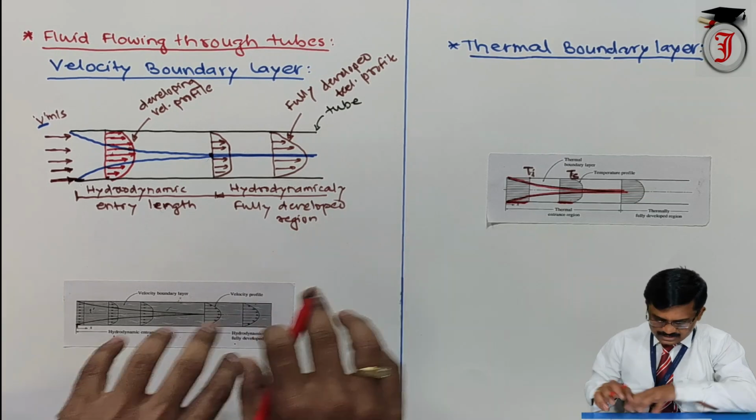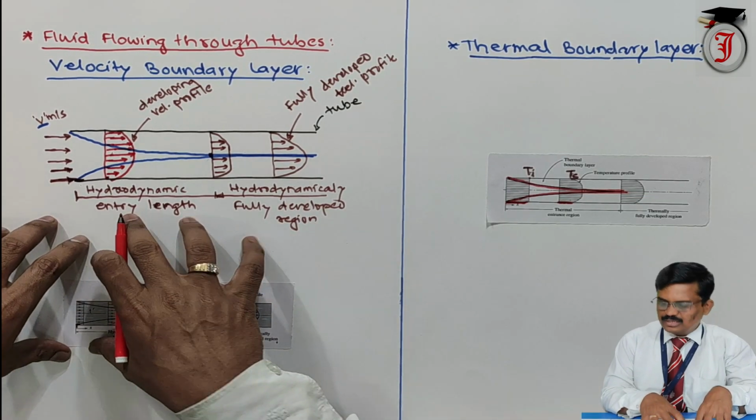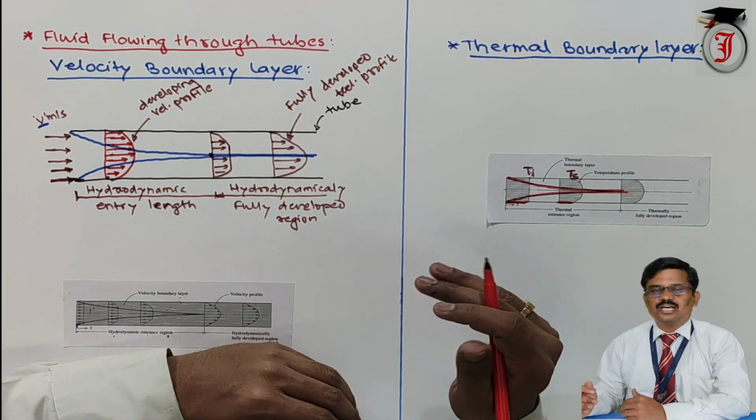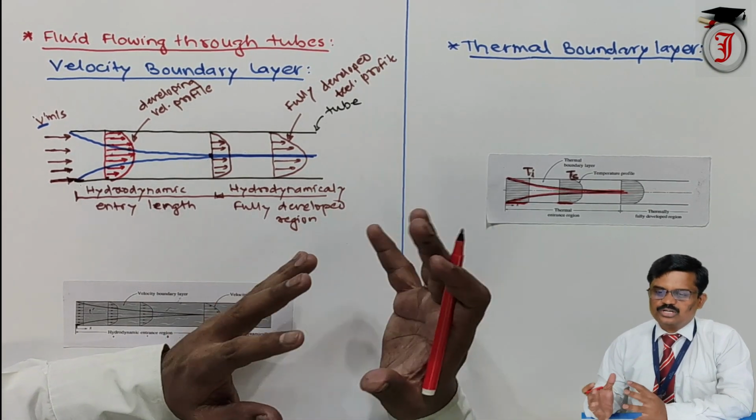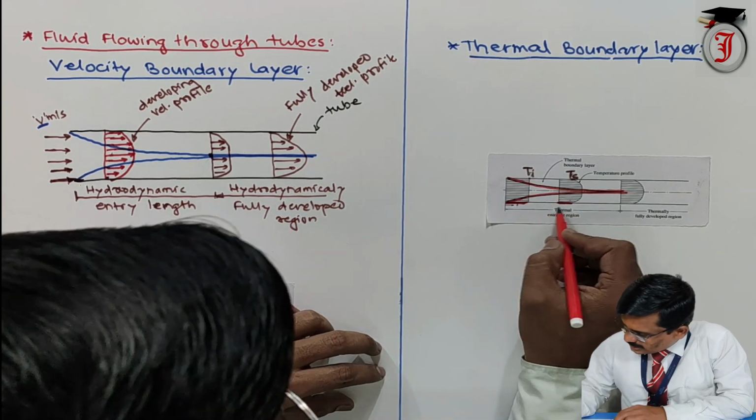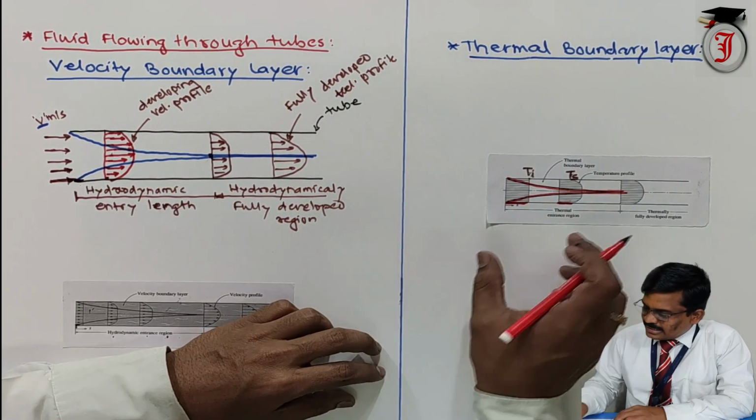As in the case of the velocity boundary layer, the thermal boundary layer thickness also increases along the length of the tube.